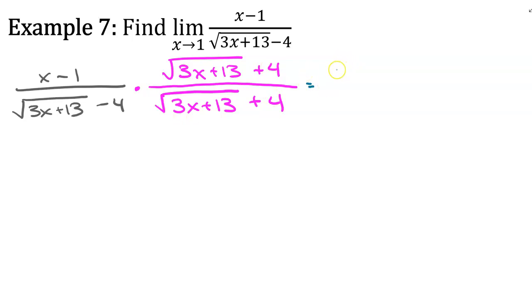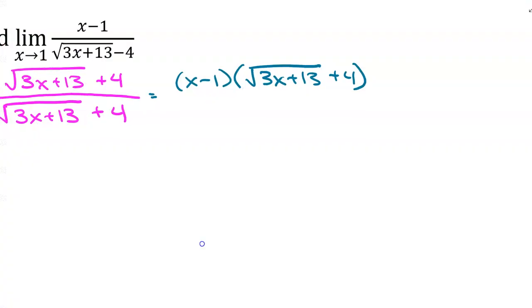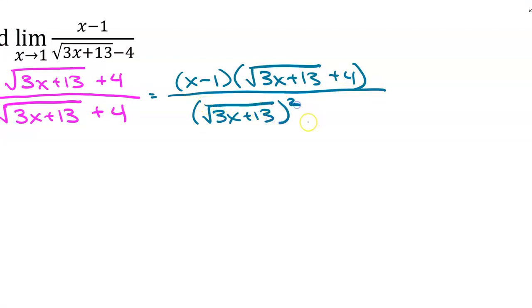Keep our factors straight. x minus 1, square root of 3x plus 13 plus 4, and that will give us 3x plus 13 squared minus 4 squared. The square will cancel out the square root. Keep the factors in the top part just to make your life easier. Usually it makes our life easier. Hopefully this time will be the same.